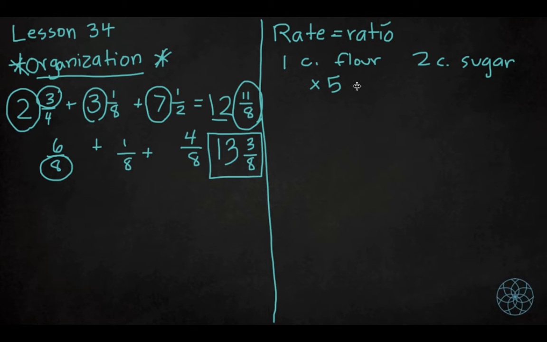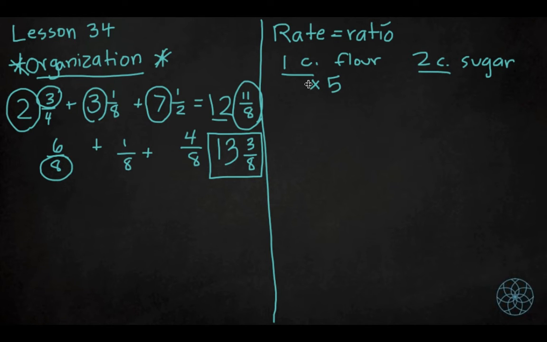Now you think, how much flour do I need? How much sugar do I need? Well, if you notice that there is a certain ratio going on, for every 1 cup of flour, you are adding 2 cups of sugar. So if I just add twice as much sugar as I add flour, then I should be following this recipe.